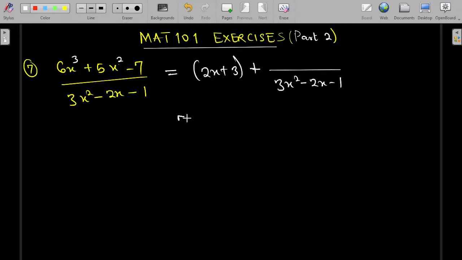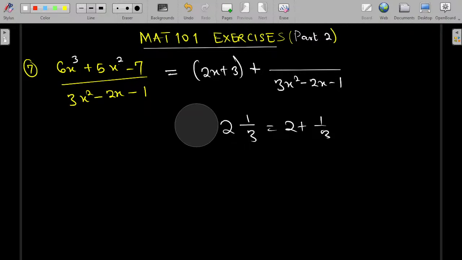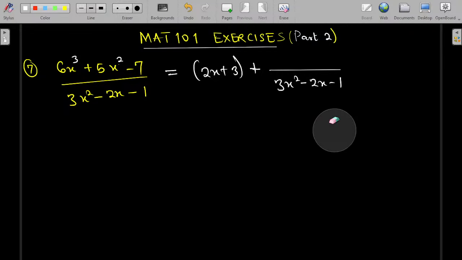It's just like dividing 7 by 3: you get 2 whole, then 1 over 3, which is the same as writing 2 plus 1 over 3. So the numerator here is now the remainder, and that's exactly what we are looking for before we split that particular one into partial fractions.